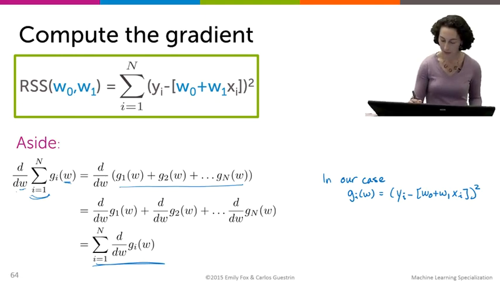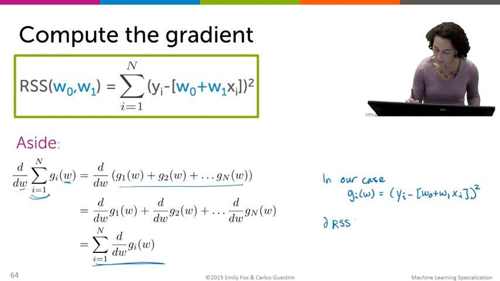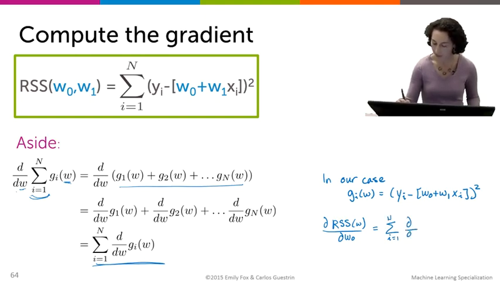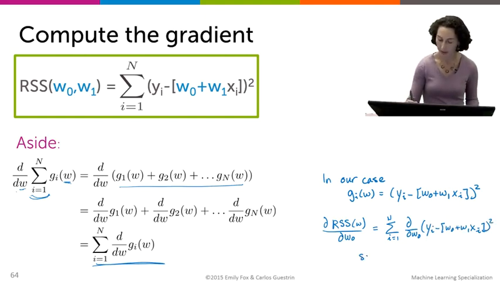So when we're thinking about taking the partial of the residual sum of squares with respect to, for example, w0, this is going to be equal to the sum i equals 1 to n of the partial with respect to w0 of (yi minus (w0 plus w1 xi)) squared, and the same holds for w1.